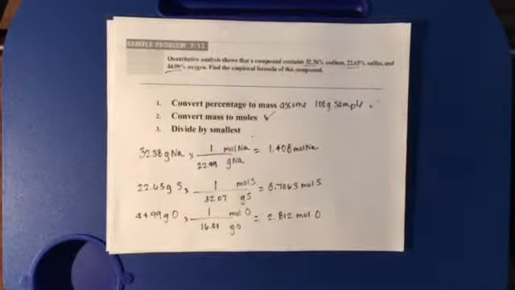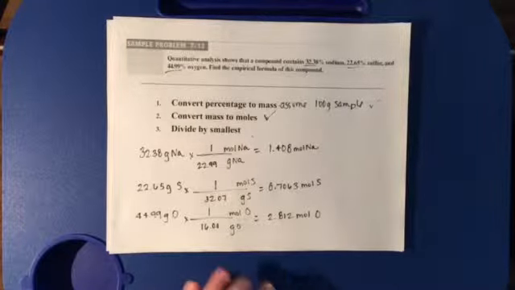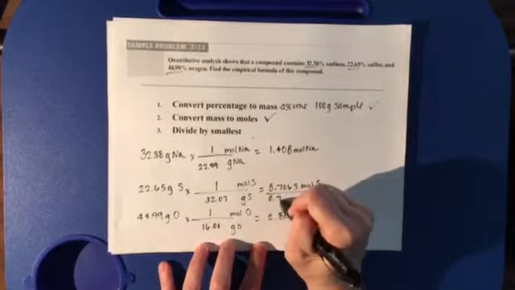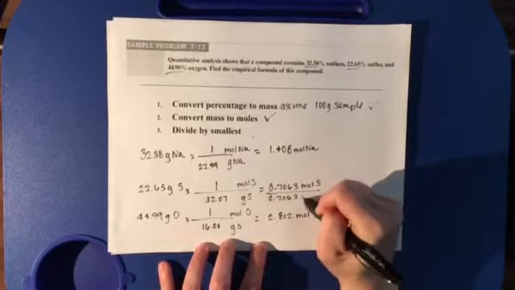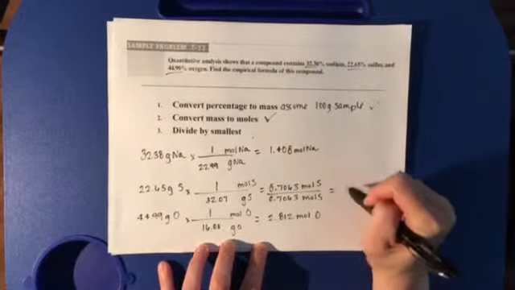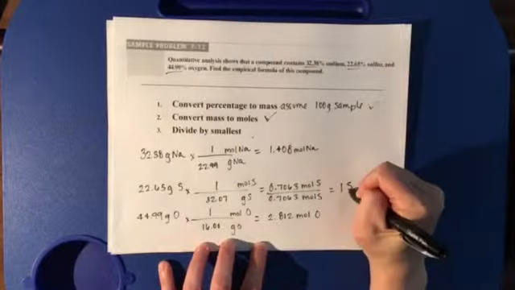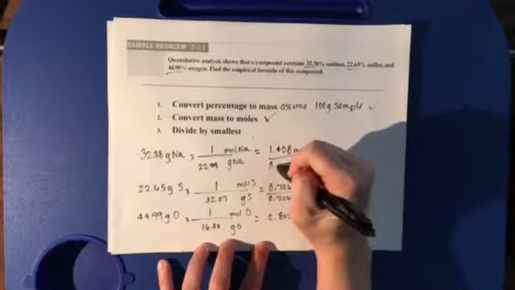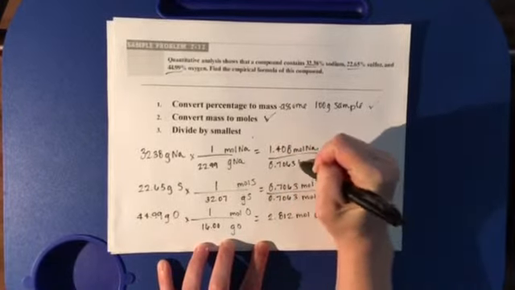Now I want to divide by the smallest because I'm trying to find out the relationship of these to each other. I'm going to figure out the smallest, that's sulfur, 0.7063 moles of sulfur, and so that's 1. So we have 1 mole of sulfur here. Here, divide by 0.7063 moles of sulfur.